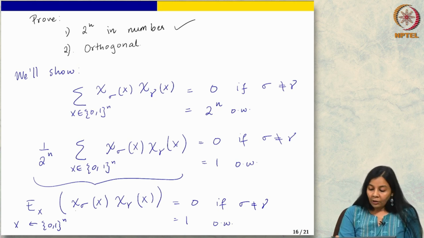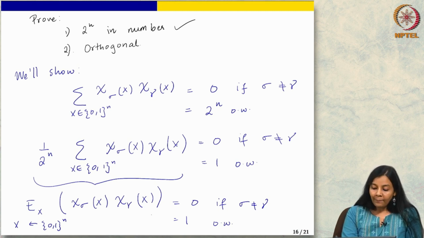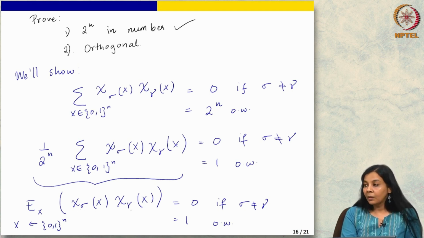Now, in order to prove this, maybe you already see from the definition that chi sigma x times chi gamma x is basically nothing but chi of sigma XOR gamma x. We can look at that later.